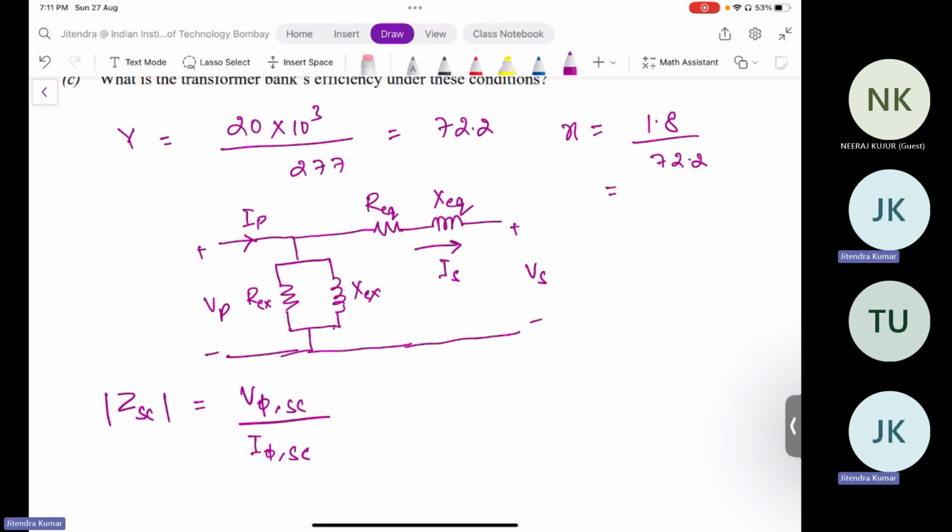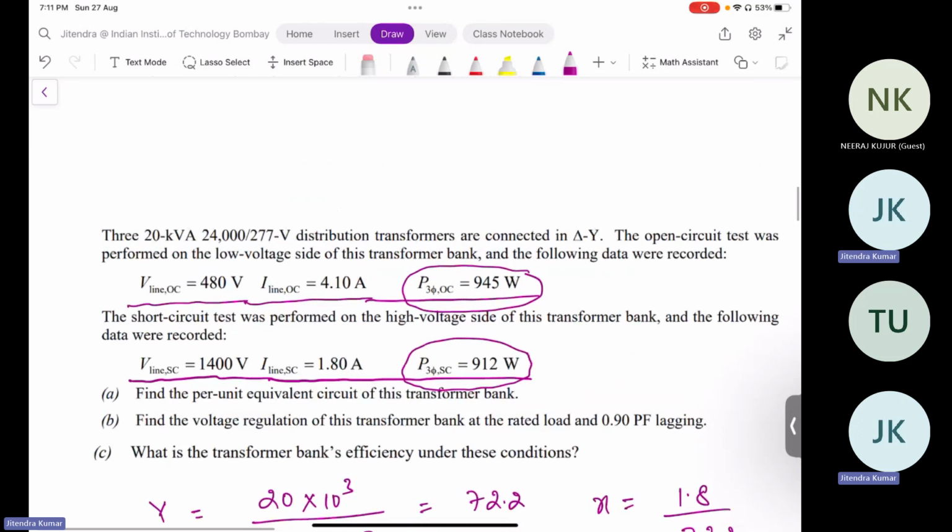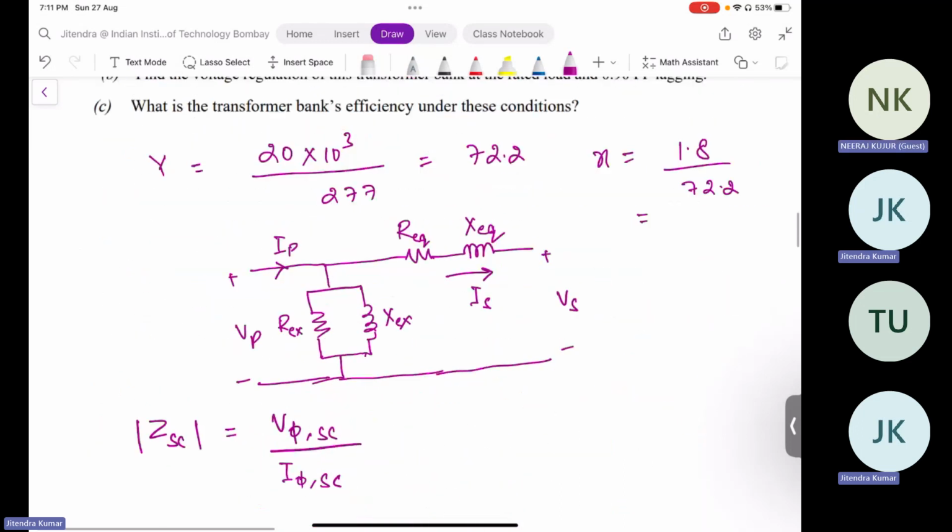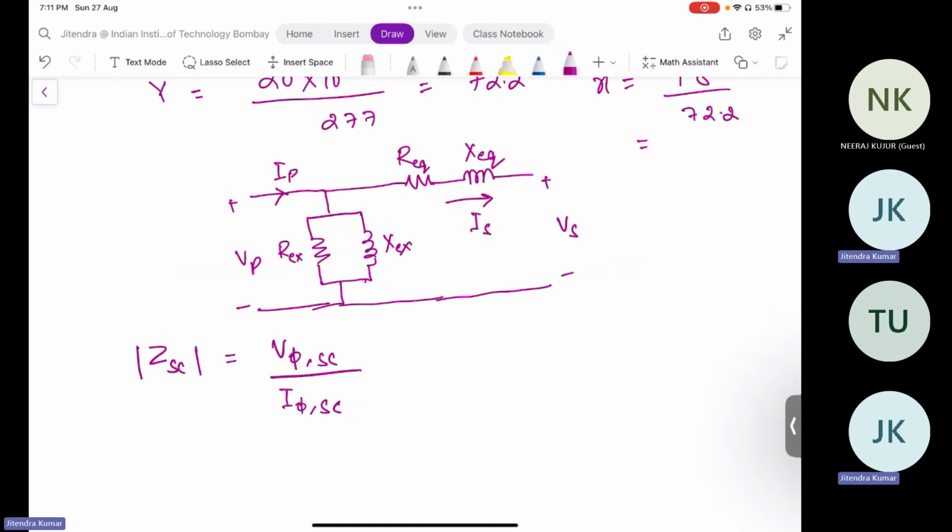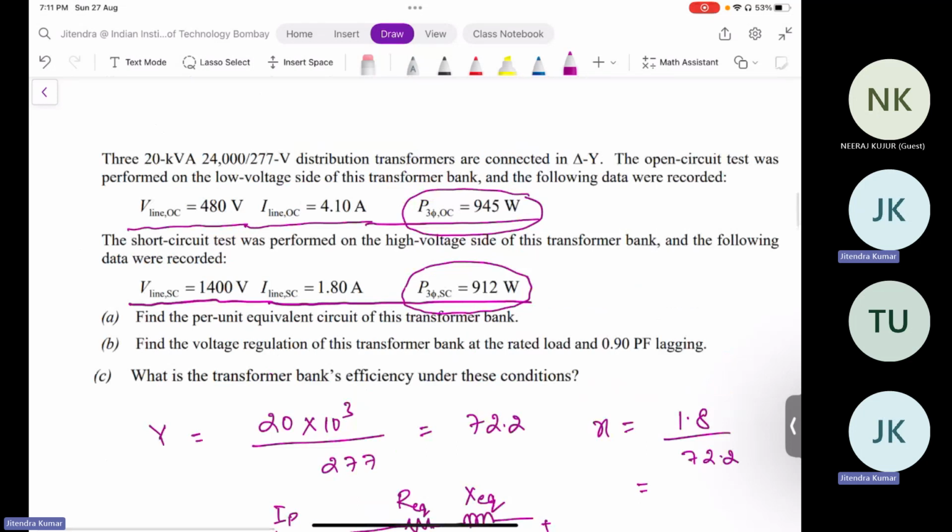Now, is the secondary side connected in star or delta? It is connected in star. The short circuit test was performed on the high voltage side, and the following data were recorded.